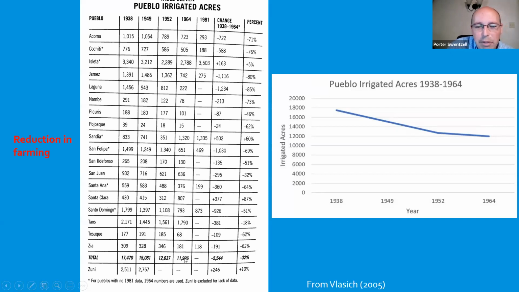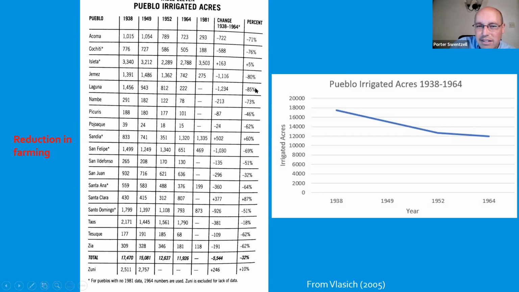So not including that, you can see in the 20 years after World War II that about 17,000 irrigated acres before the war drops down to 11,000 by 1964, which is a 30% decline.